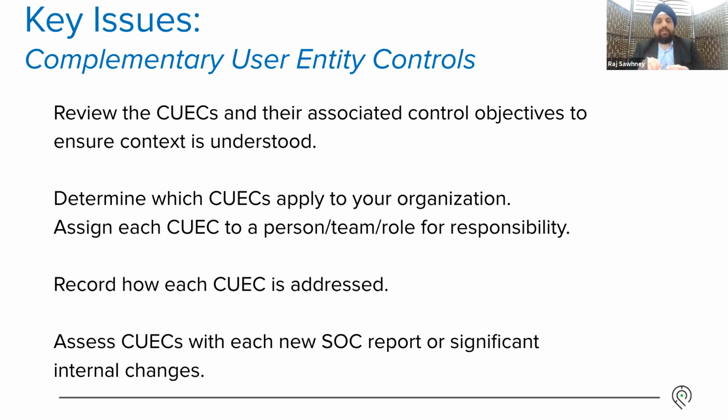In order to utilize that data, I need to make sure that my users are appropriate, and that the administrator is appropriate on their system, and the service organization doesn't take any accountability or responsibility over that. So my control objective over access to programs and data will have a CUEC that talks about user access review of the individuals with access to that particular service provider. That's an example of a review for a CUEC having to do with logical access.